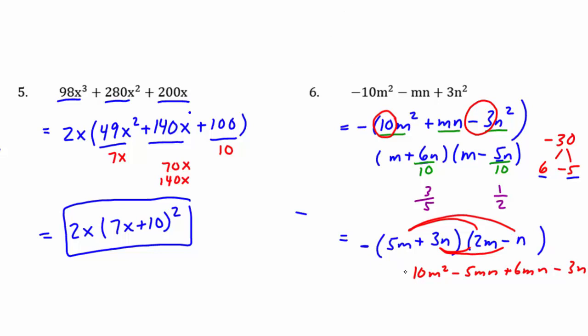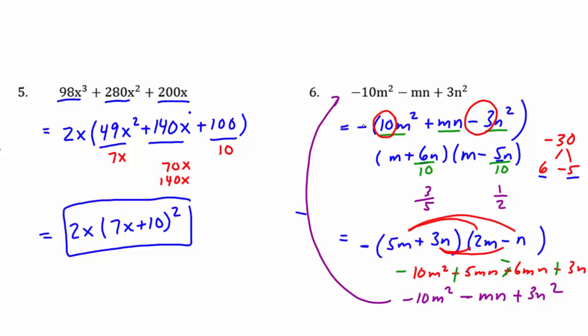So I'm going to change this to negative, positive, negative, positive. And so overall I have a negative 10m squared, let's see, positive 5mn minus 6, that would be 1, minus 1mn plus 3n squared. And is that what we started off with? The answer is yes, it is. So I know this is my final answer for this problem.